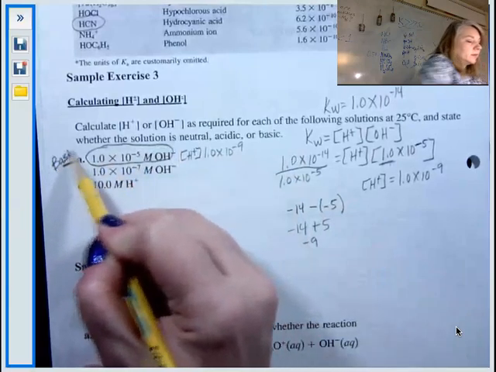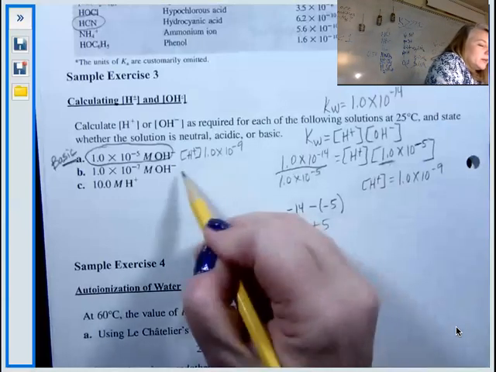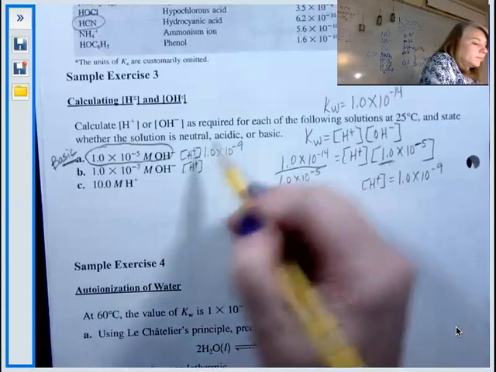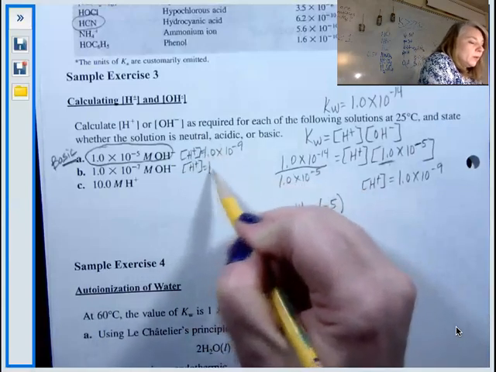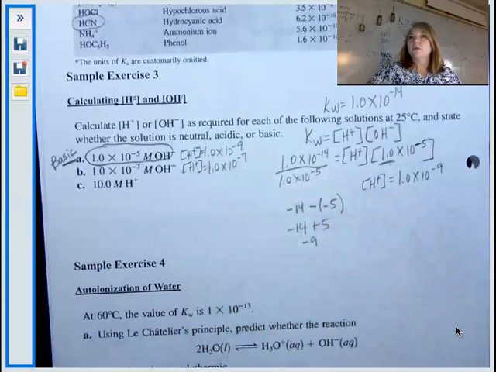Good. Now, can you do that without all that long math? What is the hydronium ion concentration of the next one? It's 1.0 times 10 to the negative 7. So that one would be neutral.